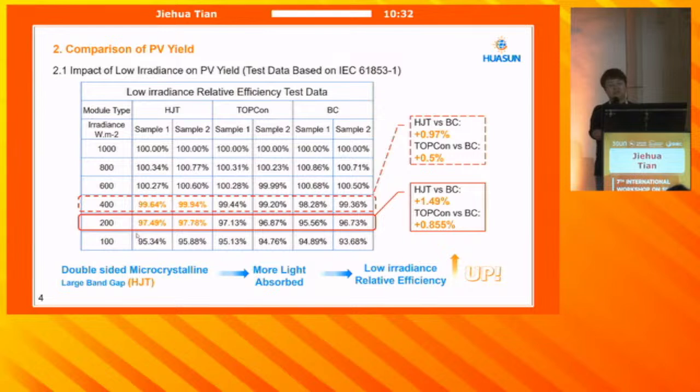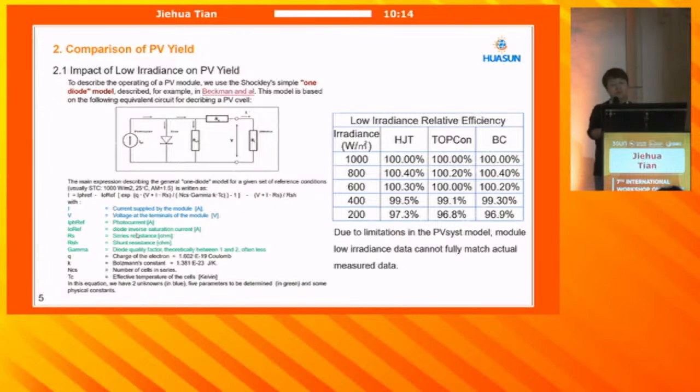Both sides of IGT are microcrystalline, with a thin film with a large band gap that can absorb more light, giving high relative efficiency at low irradiance. This is the one-diode model sample in the PVsyst program.